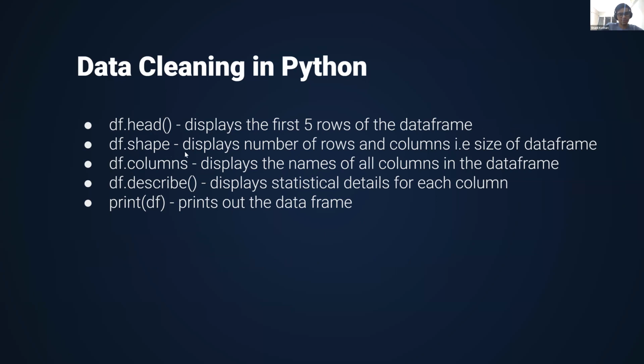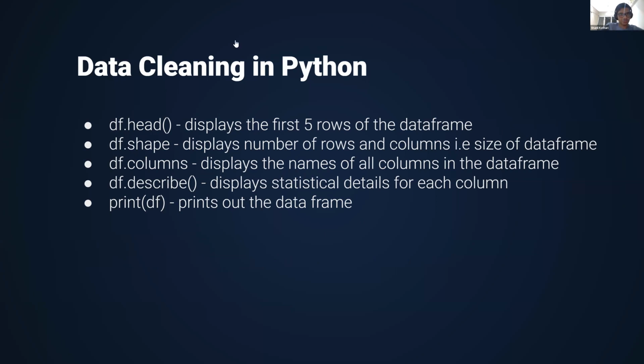Then df.shape displays the number of rows and columns, which is the size of the data frame. df.columns displays all the names of the columns in the data frame, and describe gives a bunch of statistical details for each column, and then print just prints out the data frame.